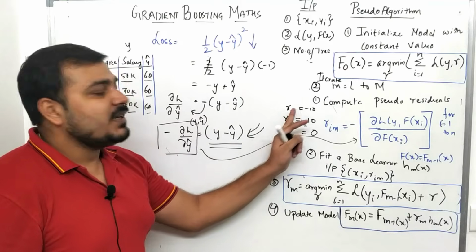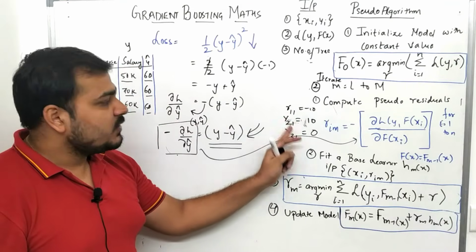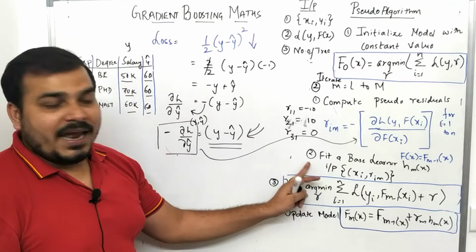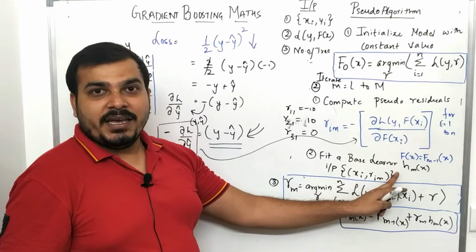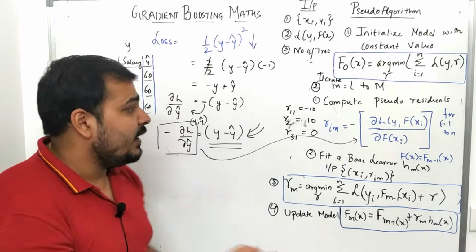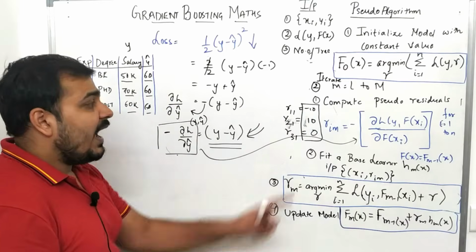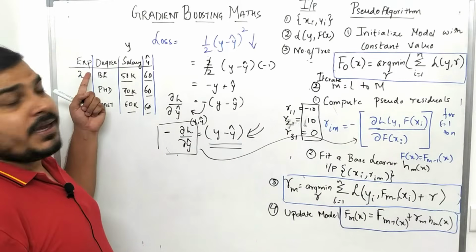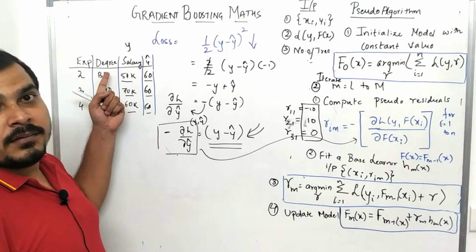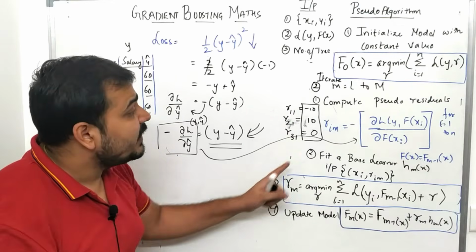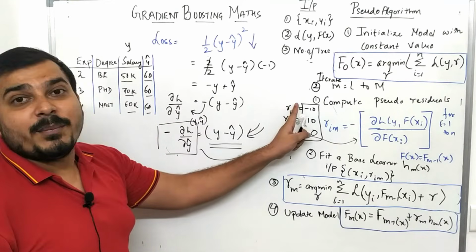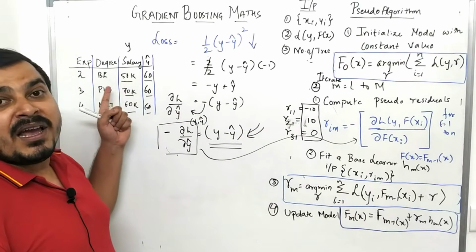Now, once we get the residual, we go to the next step. We create a decision tree wherein my dependent feature will be this residual value and my independent features will be experience and degree. I will train a decision tree regressor with this as my dependent feature and these two as my independent features.